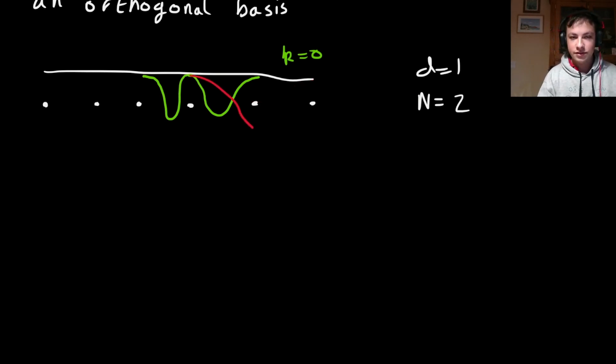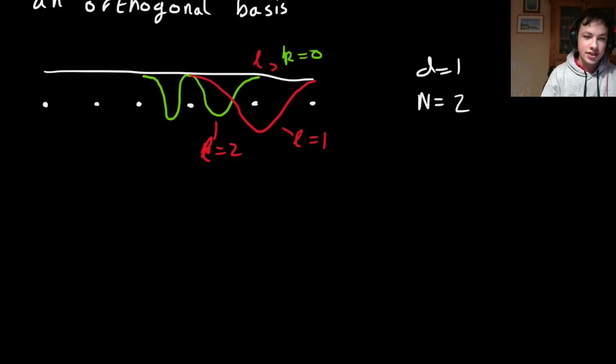This hasn't properly gone below 0, but we'd be allowed l equal to 1, because now n is 2. Okay, but there's no distinction between l equals 2 and l equals 0, because we only see things at the lattice points. We don't see this point in the middle where they're different. Okay.